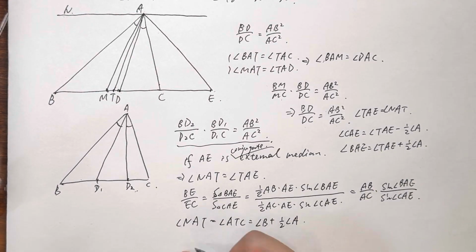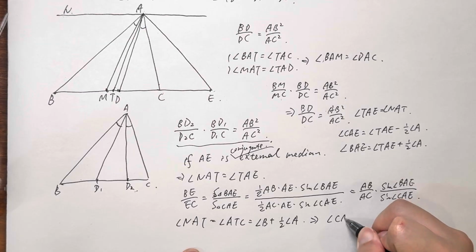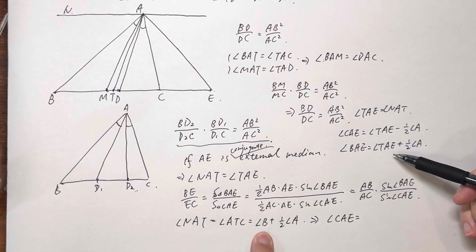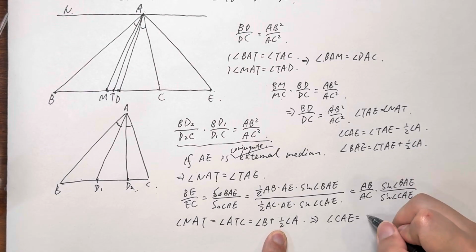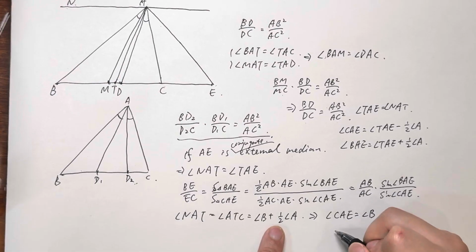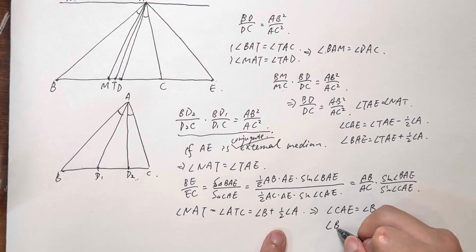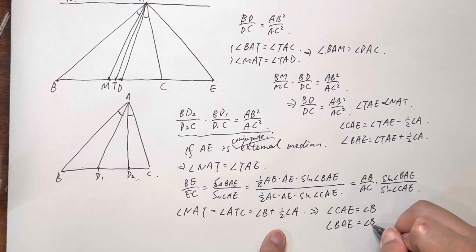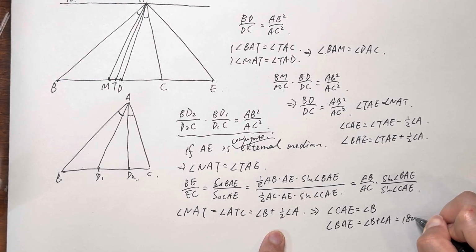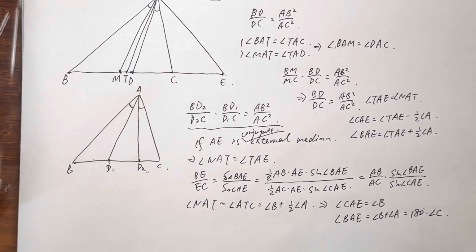That means the angle CAE equals this one minus half of angle A, so that equals angle B. And angle BAE, that is angle B plus angle A, which is 180 degrees minus angle C.